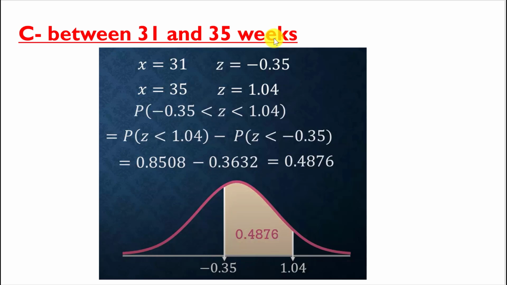Requirement C, find the probability of x between 31 and 35 weeks. So we need here the area between negative 0.35 and 1.04. For z less than 1.04, this area is 0.8508, and the probability of the area less than negative 0.35 is equal to 0.3632.